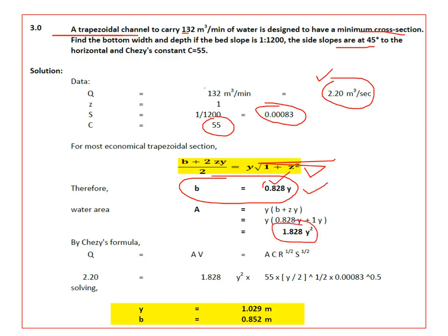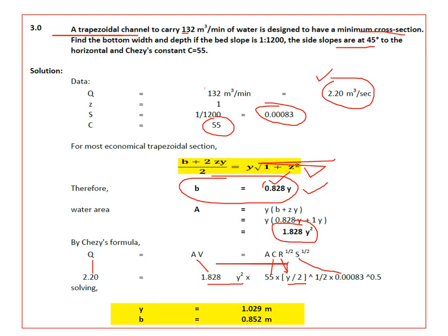Now since the discharge is given, Q is A into V. What is V? It is C root RS. Now substitute the value of Q as 2.2, area as 1.828y square, and C is 55. R, you know that for the most economical channel section, even for trapezoidal, is y by 2. So I have substituted (y by 2) raised to the power of half, and the slope is also given, which is 0.00083 raised to the power of half.